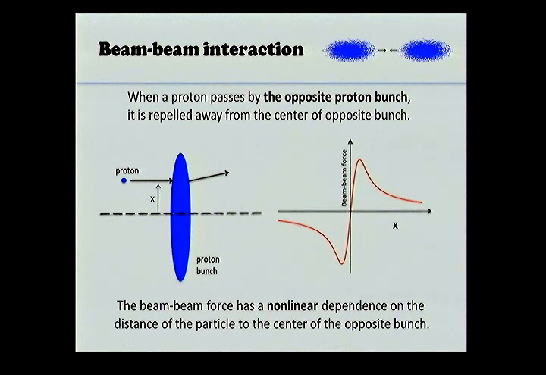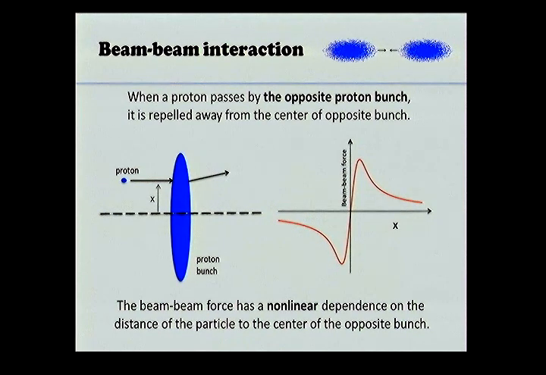Here I show the beam force with respect to the distance of the particle to the center of the opposite bunch. So here you can see the beam force is nonlinear. It strongly depends on the distance between the particle and the center of the opposite bunch.